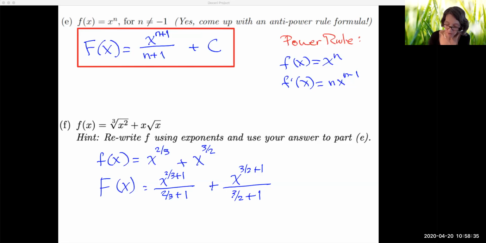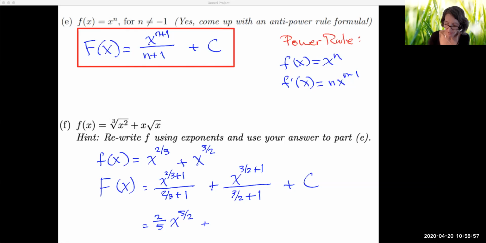And then plus c, don't forget your constant. And then we need to simplify this. So this turns out to be x to the 5/2 over 5/2, but I can write that as 2/5 times, instead of divided by 5/2, it's times 2/5.